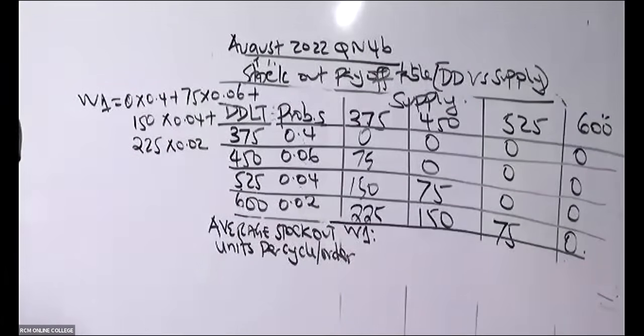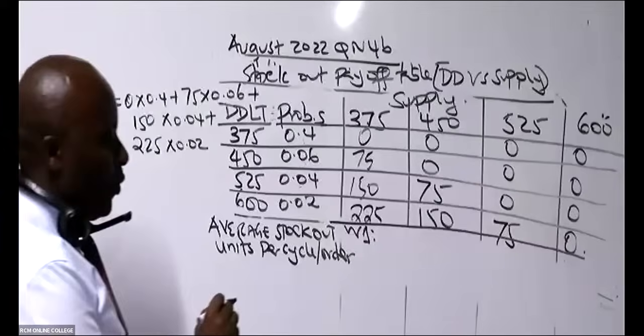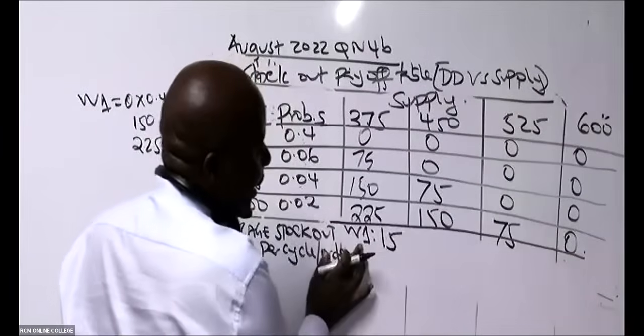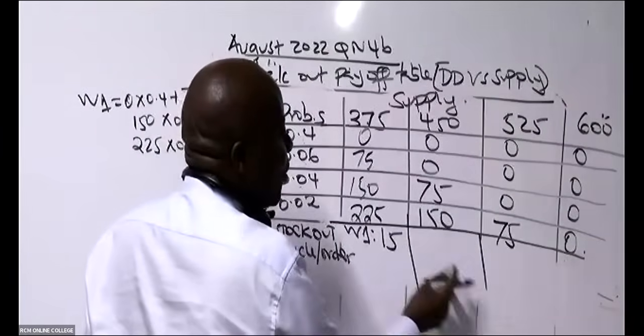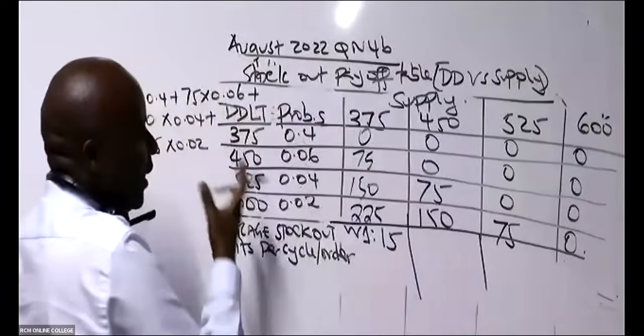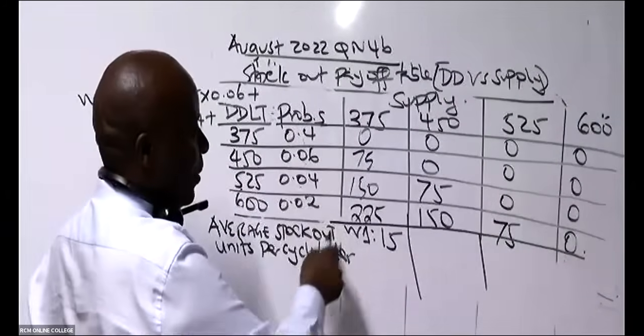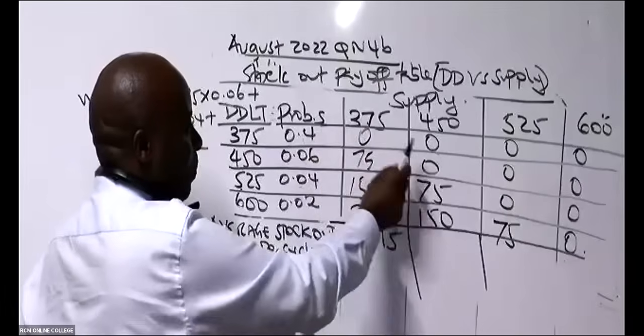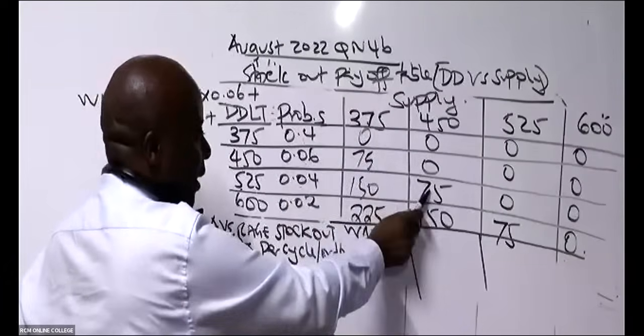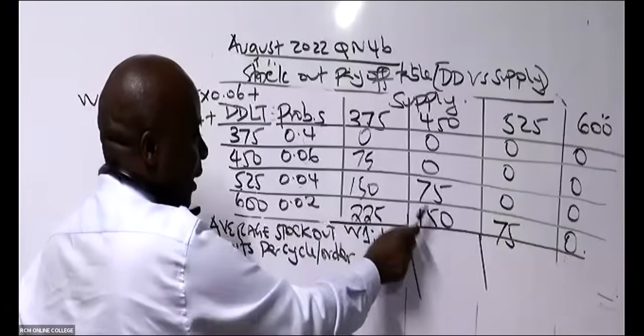What figure are we able to get? Somebody is giving me a figure of 15. So then, having done this working one, are you able to do these others without doing any working? For 450, the probabilities are the same. So we'll take 0 times this, plus this times this, plus this times this, plus this times this.